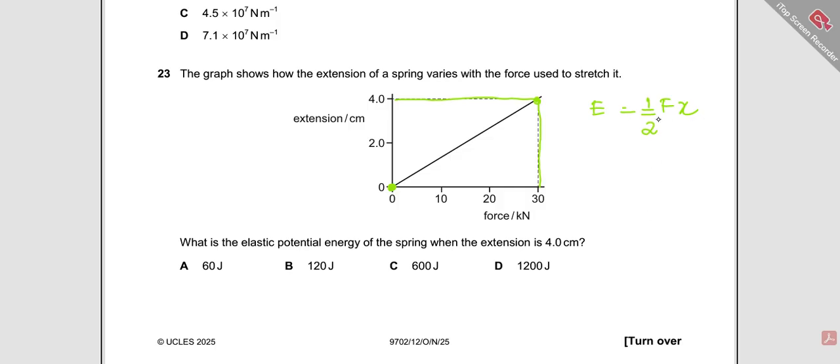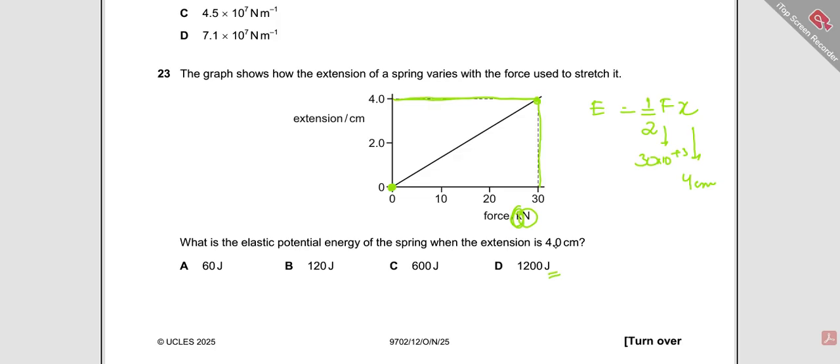So now for the extension of 4 centimeters, the applied force was 30, but do not forget this kilo here. 30 exponent plus 3. And then क्योंकि मुझे जो final answer चाहिए energy का, it has to be in the unit of joules, which is the standard unit. For that I have to place force in its standard unit. That is Newton standard, right?